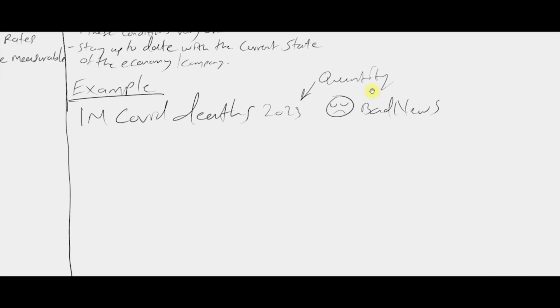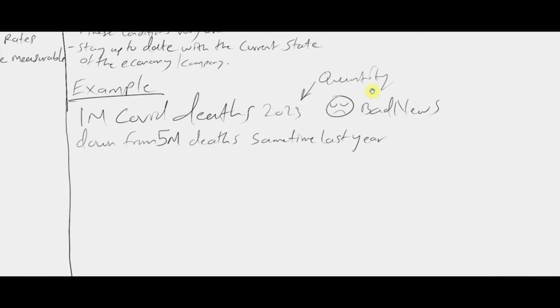That's an example. Now let me continue with this sentence so you can understand what fundamental analysis is usually about, how these things affect the market, what qualitative analysis is. Down from 5 million deaths the same time last year.